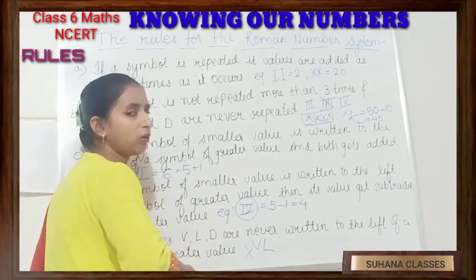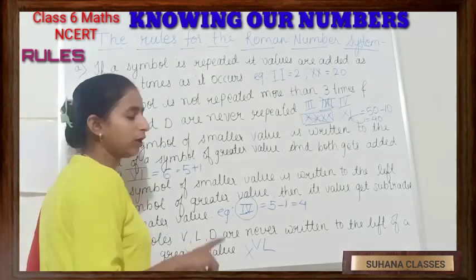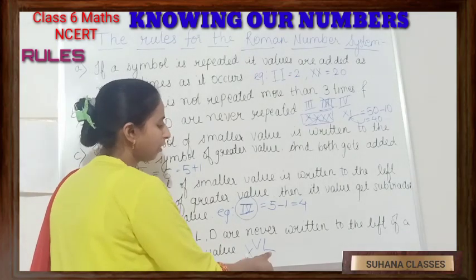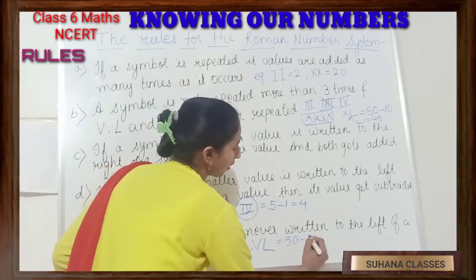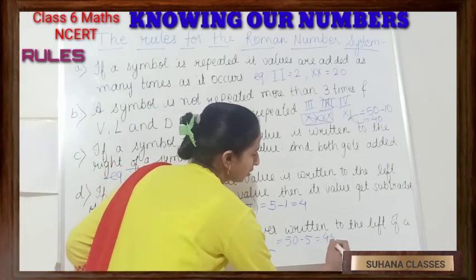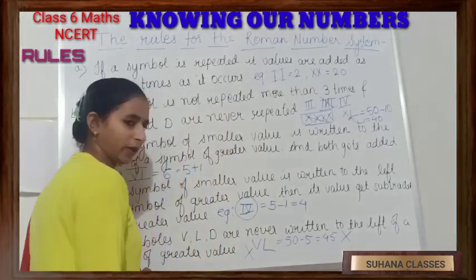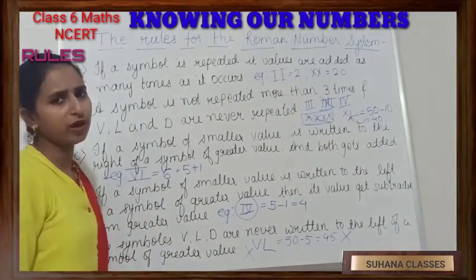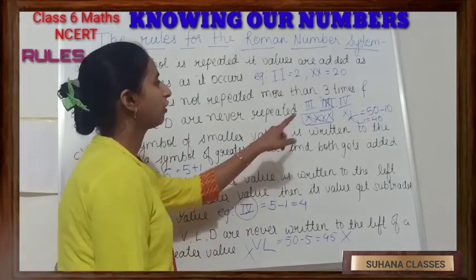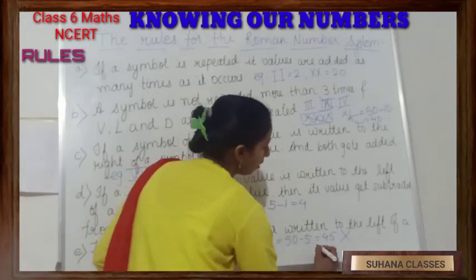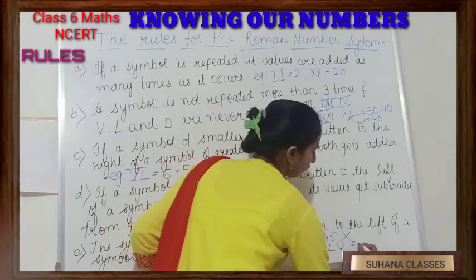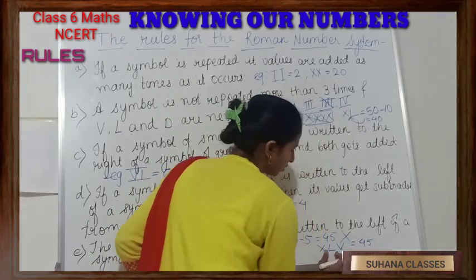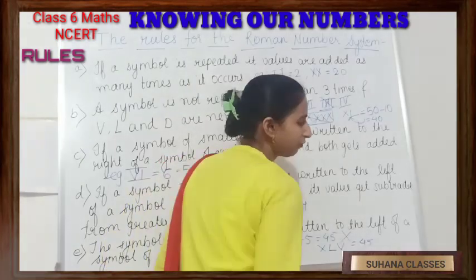What you are trying to write is L minus 5. L minus 5 means 50 minus 5, 45. Yes or no? But this is the wrong way. How to write 45? To write 45, I have to write first 40 and then 5. So it will become 45. See, this is 40 plus 5, 45.